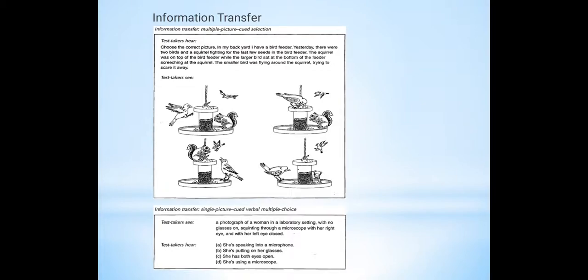In the first picture, information transfer is multiple picture-cued selection. The test taker will see the picture. And in the second picture, one single photograph is presented to test takers, who then hear four different statements and must choose one to describe the photograph.